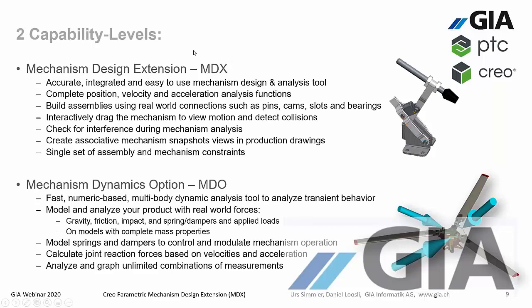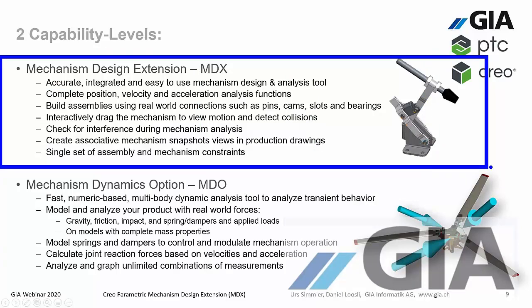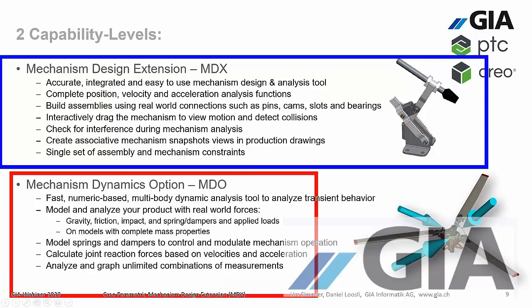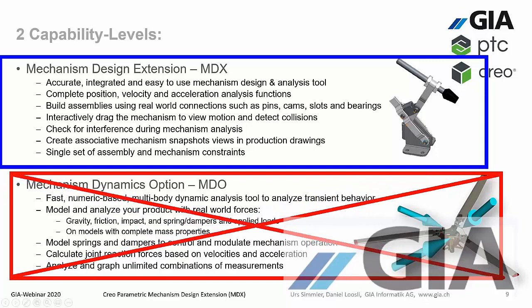So that means the standard license we are going to demonstrate today takes care of clashes, velocity, collision detection, mechanism envelopes and that kind of stuff. And the dynamics tool is more an advanced tool where we can see the forces and we can control the acceleration behavior of our component. I will not show mechanism dynamics option today.